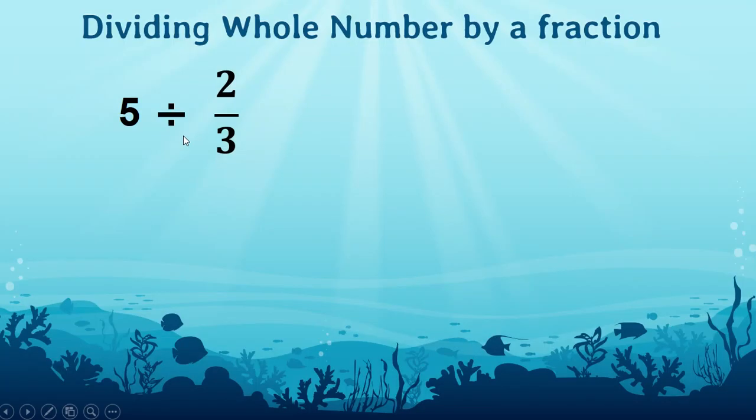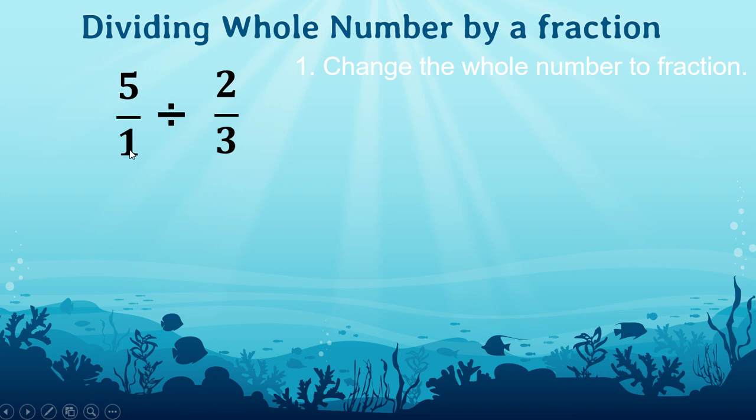How about if we have a whole number divided by a fraction? So, step 1, change the whole number, this one, to a fraction. So, paano nga yun? So, lalagyan lang natin siya ng over 1. So, step 2, get the reciprocal of the divisor. Alin nga ang divisor? We have 2/3.